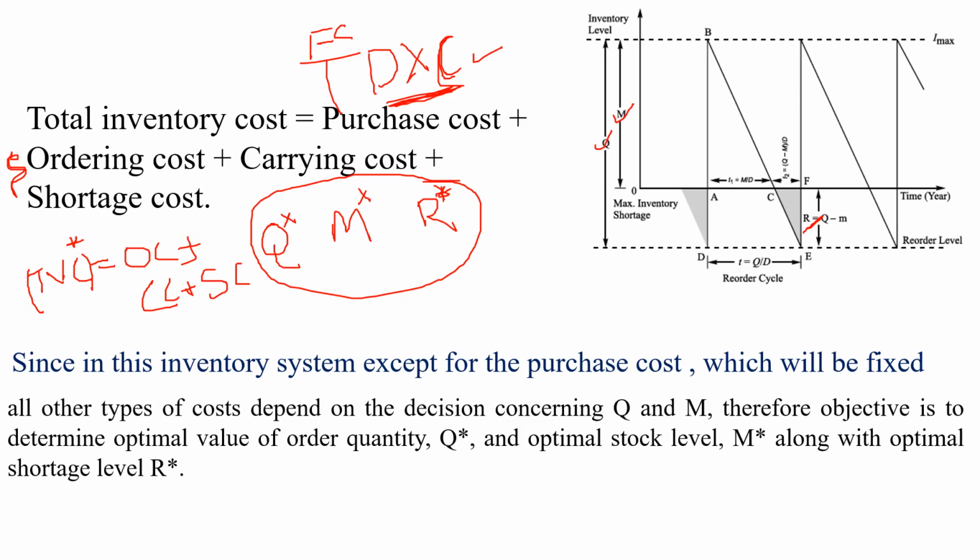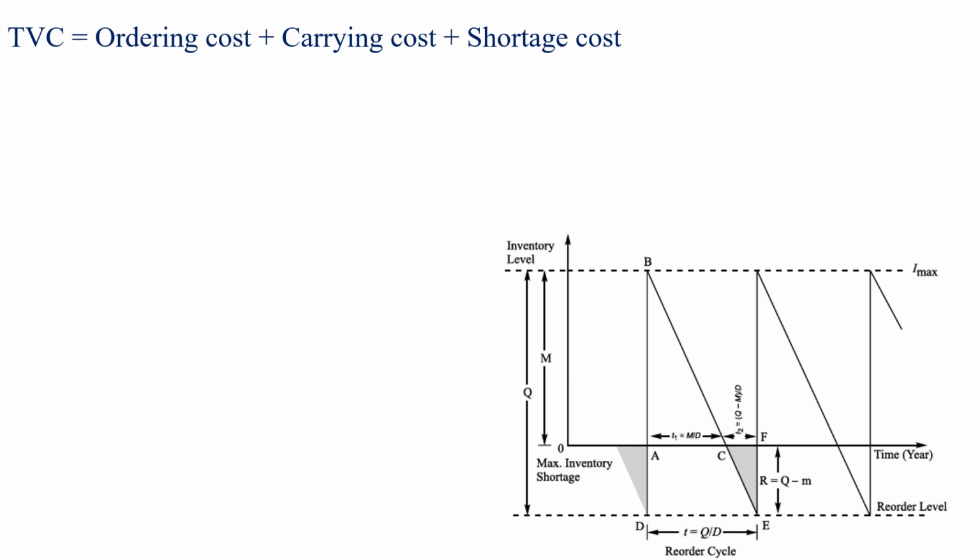For this we have to optimize the total variable cost. We know the total variable cost is the summation of ordering cost plus carrying cost plus shortage cost. Purchasing cost is the fixed one and we are not considering it.